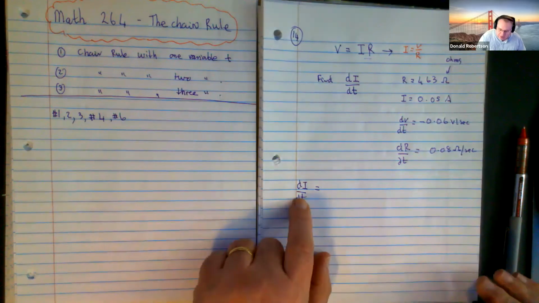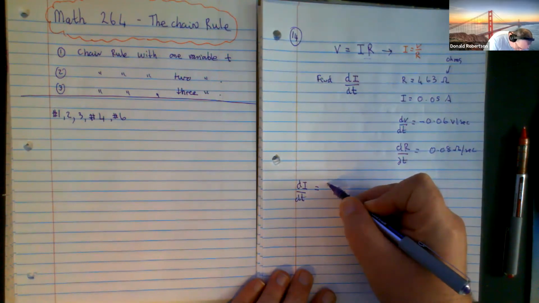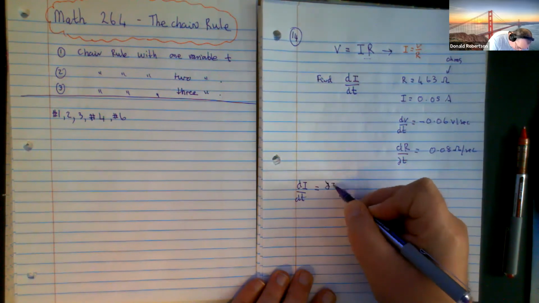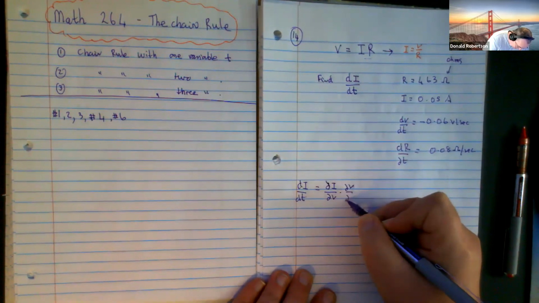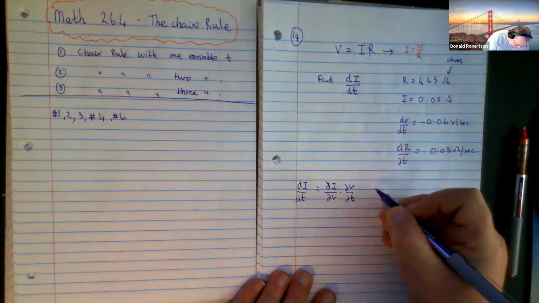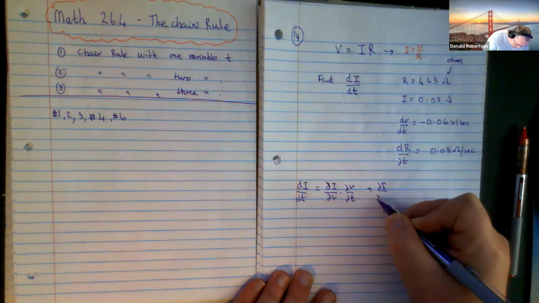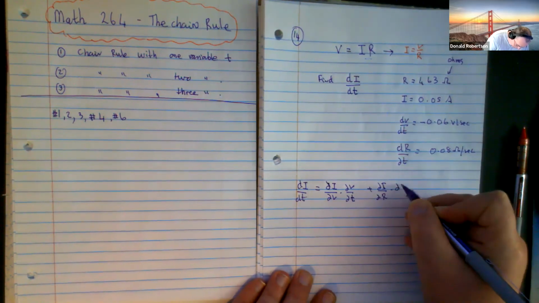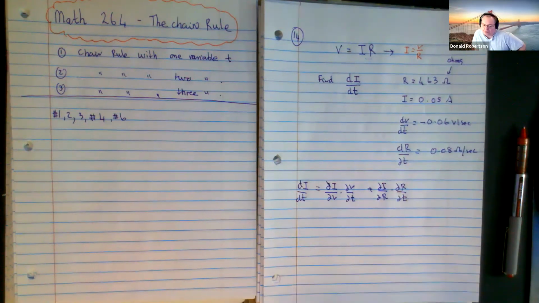So now I'll start the chain rule. It's going to be the derivative of I with respect to V times dV by dt plus dI by dR times dR by dt. Are you comfortable about the chain rule formula in this question?